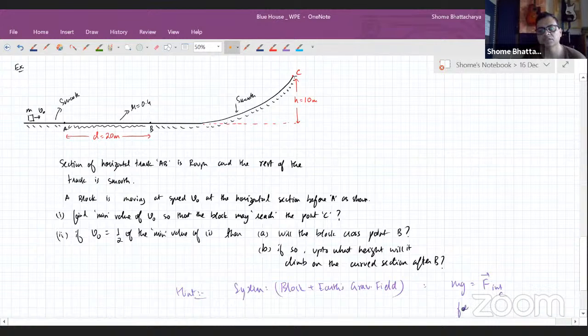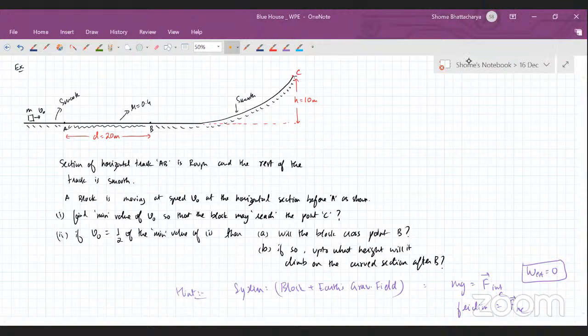Friction will be your non-conservative force, and work done by any external force is 0, because there's no work done by normal reaction. Remember, in a situation like this, normal reaction does 0 work. Mass of the block is not given, interestingly, and you will not require the mass, because when you write the equation, m will cancel out on both sides.